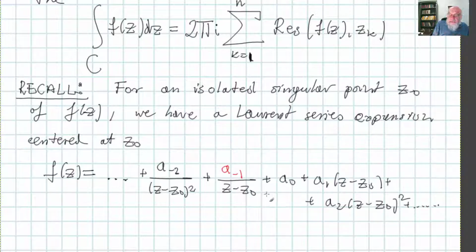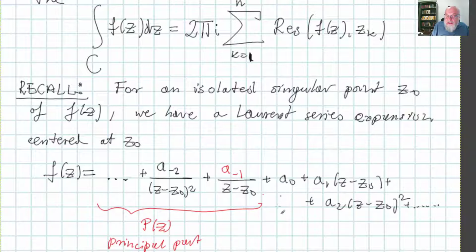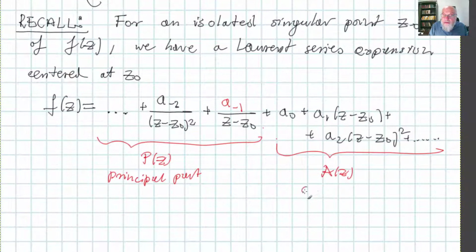Of course, this part of the Laurent series expansion, as you remember, we call P(z). This is called the principal part. And that one, which we call A(z), is the analytic part of this Laurent series expansion. Very good.